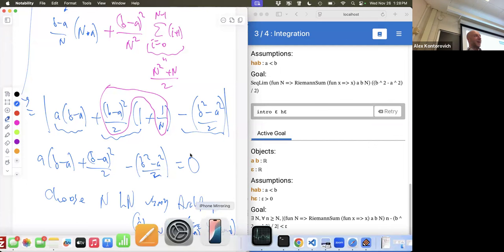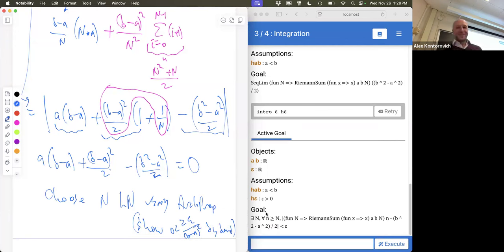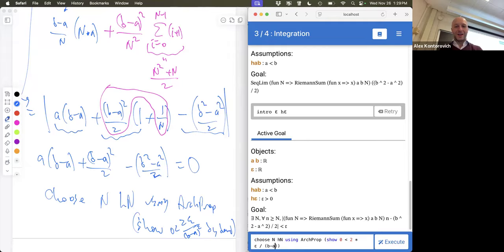And maybe bound will do it, maybe not. Everybody see that? Choose, come on, choose N using arch prop. Show 0 is less than 2 times epsilon over b minus a quantity squared by, please, bound?